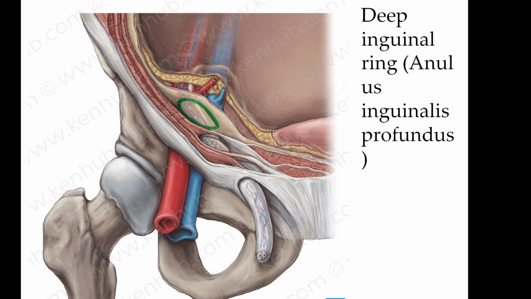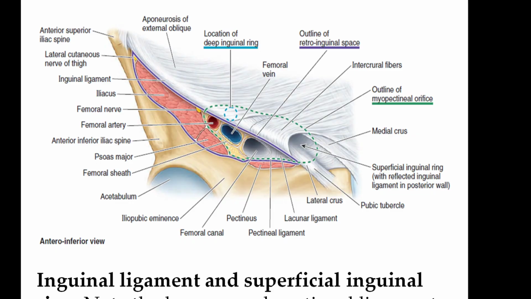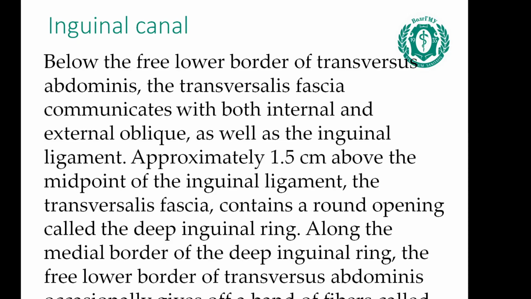Deep inguinal ring, in Latin annulus inguinalis profundus. Inguinal ligament and superficial inguinal ring. Below the free lower border of transversus abdominis, the transversalis fascia communicates with both internal and external oblique, as well as the inguinal ligament, approximately 1.5 centimeters above the midpoint of the inguinal ligament.